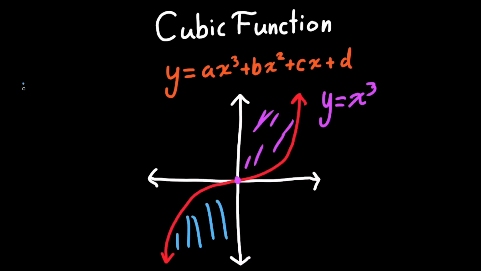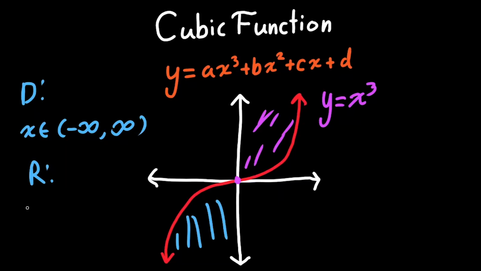So the domain of the cubic function includes all real numbers from negative infinity to infinity, and the range is much the same because it is continuous and it has no holes in the graph. The range would be y includes all real numbers from negative infinity to infinity. Yeah, very simple. Very cool graph.